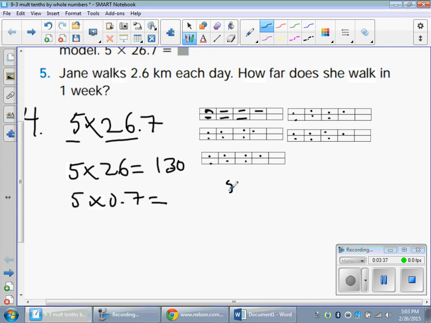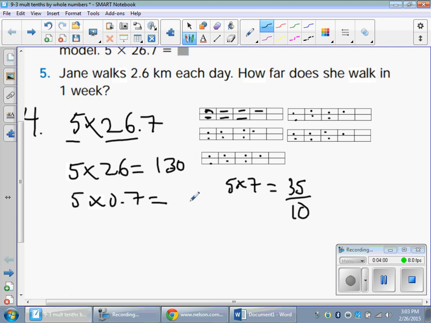So if we did 5 times 7, this would give us 35 tenths. And that's our 35 tenths, coming from our 7 here, and 7 here, and 7 here, 7 here, and 7 here. So if we multiply those 7 by 5, we get 35 tenths.